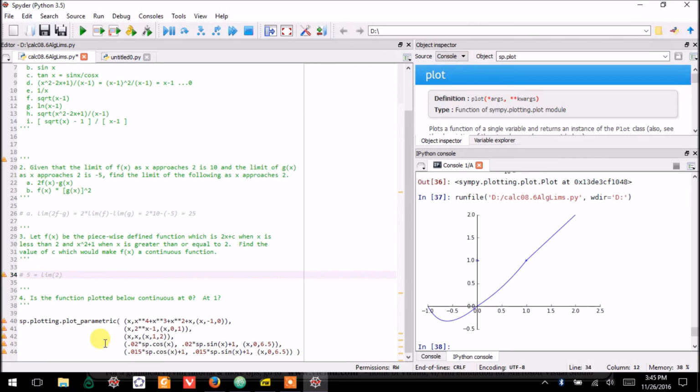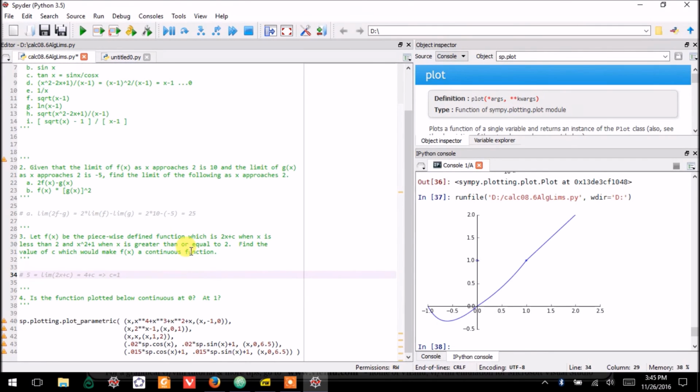Well, the limit of 2x plus c, by what we did in the previous problem, is going to be, here I'm taking the limit at 2, so I just plug in and I get 4 plus c. This tells me that therefore c equals 1, right? So we know that 5 is equal to 4 plus c, and if you subtract the 4 to the other side, you get that c is equal to 1.